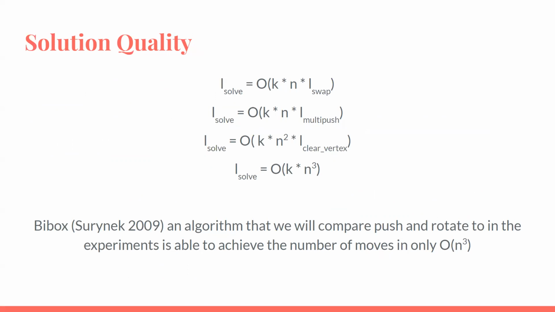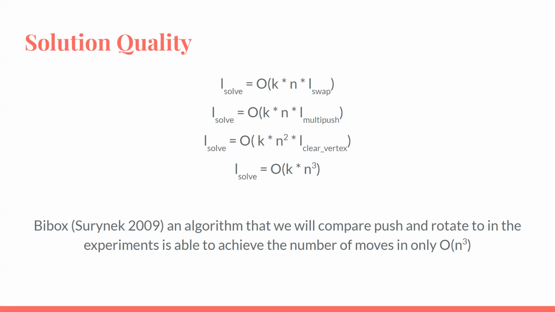But it's actually able to achieve the number of moves in only n cubed, which is actually the bound for this problem. And that is defined by, I believe the name was Kroshner, but I had mentioned it earlier in the lecture. I just call this lecture my presentation.